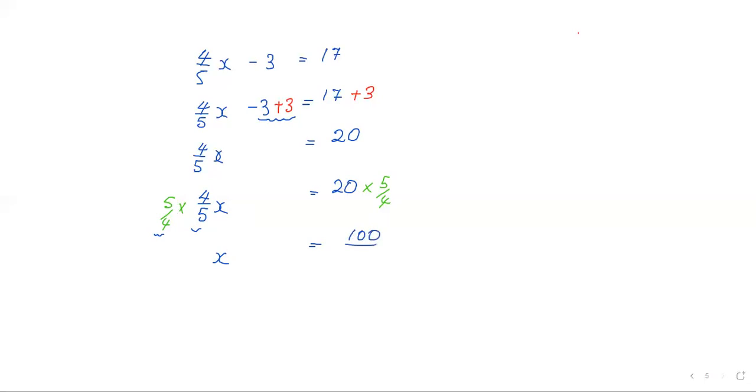There's a 1 there. You know that the whole number is over 1. 1 times 4 is a 4. And then we will have x is equal to 4 into 100 goes 25 times.